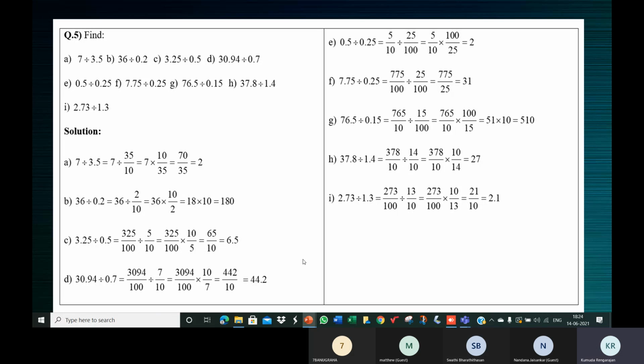When you have 3094 by 70, you should not cancel by 2, because 3094 is divisible by 2 and 70 is also divisible by 2, but we should not divide by 2. If you divide 70 by 2, you will get 35 and you don't want 35. So 70, you can divide by 7, because when you divide 70 by 7, you will get 10. Correct? Yes, ma'am.